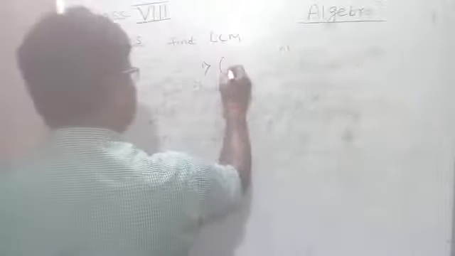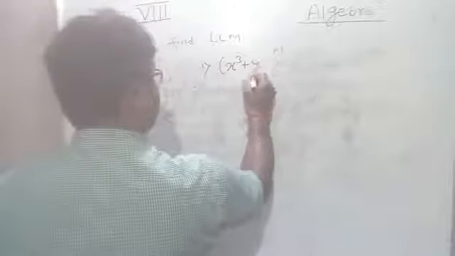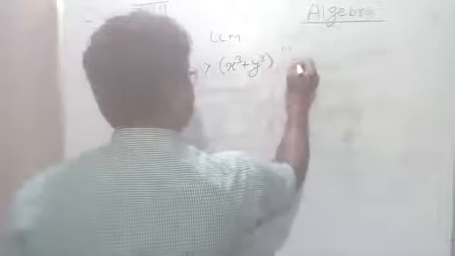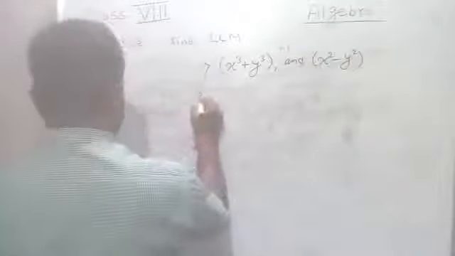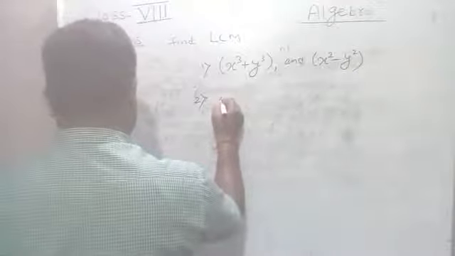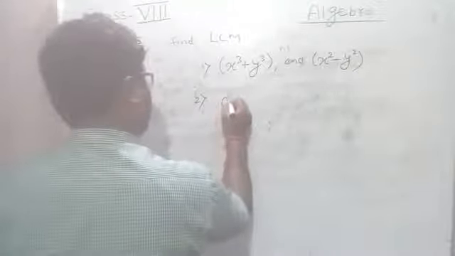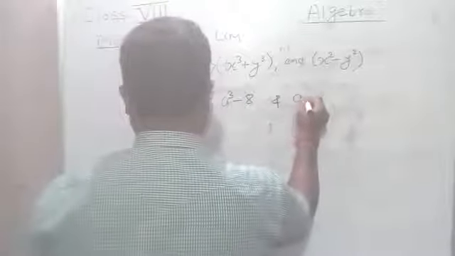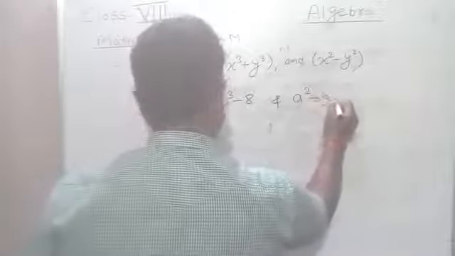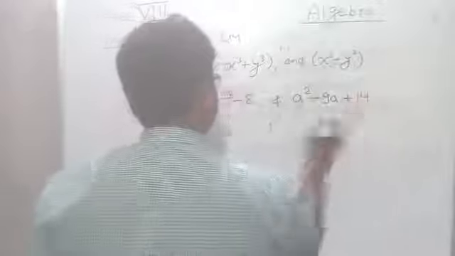of x cube plus y cube and x square minus y square. Question number 2 is a cube minus 8 and a square minus 9a plus 14.